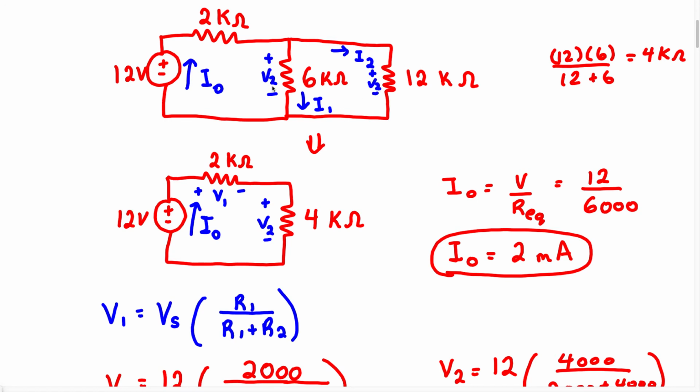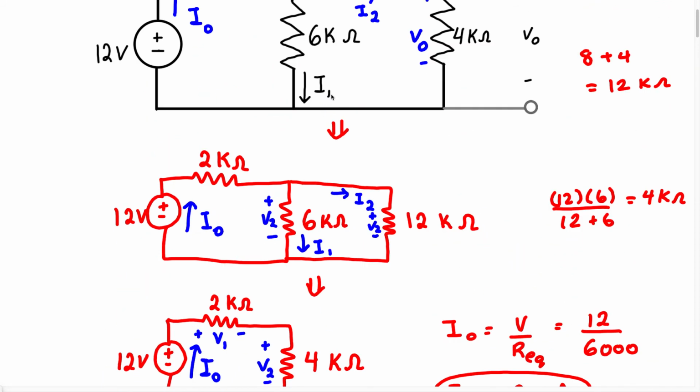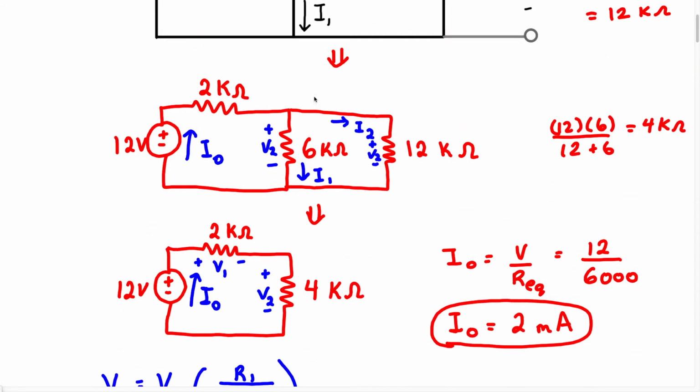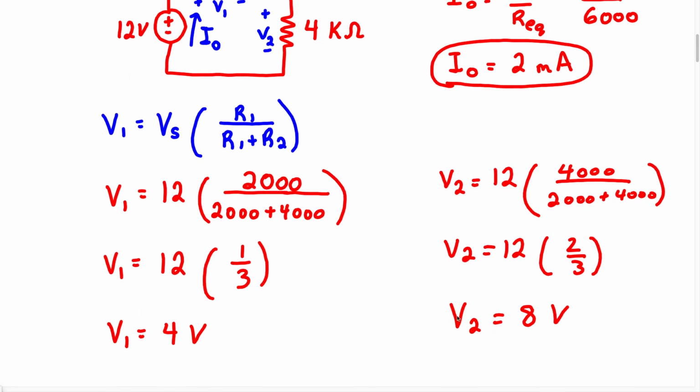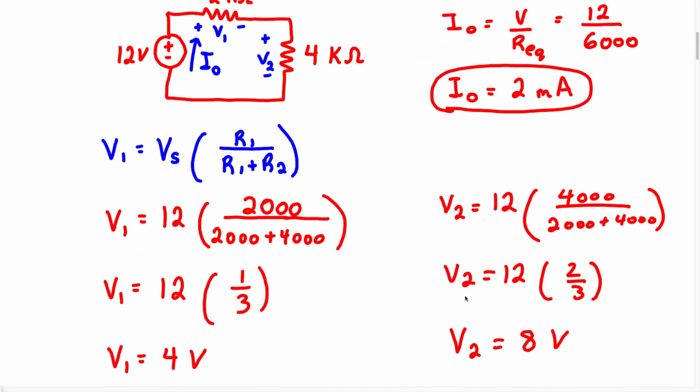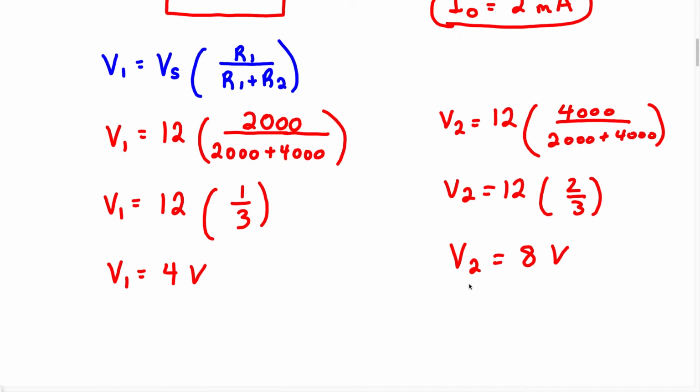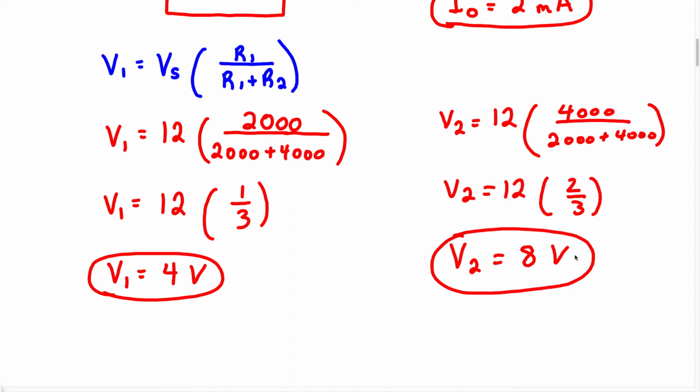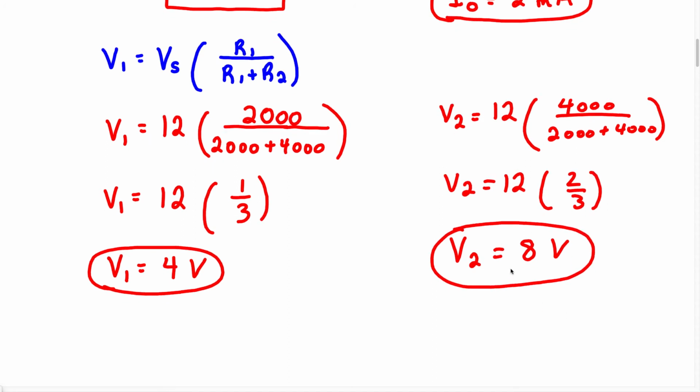Okay, now that we know the value of V2, we can use Ohm's Law to find the value of I1 in this circuit, and that's what they want us to find, because the question wants us to find the value of I1. Now we know the voltage is going to be 8 volts, so let's use that. Let me just circle these. So we know V1, we know V2. So this voltage was actually helpful to us.